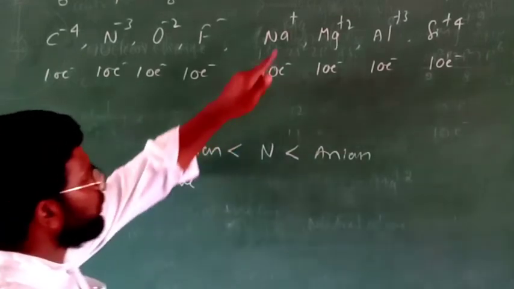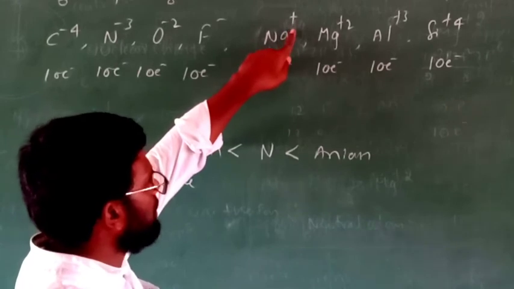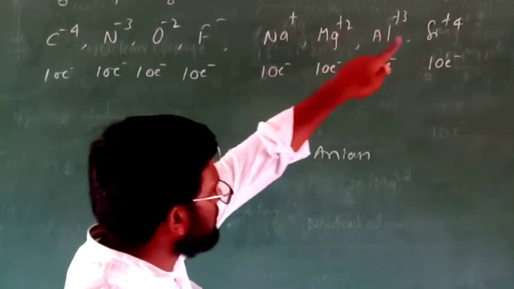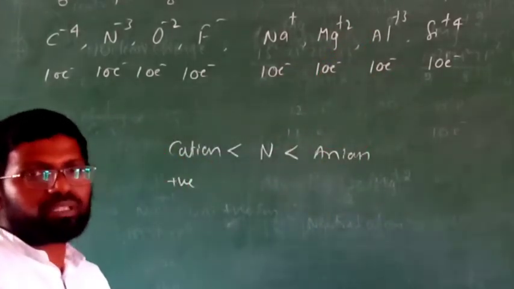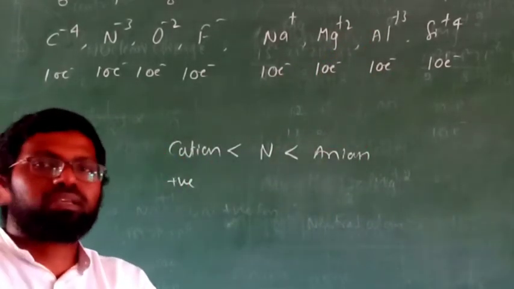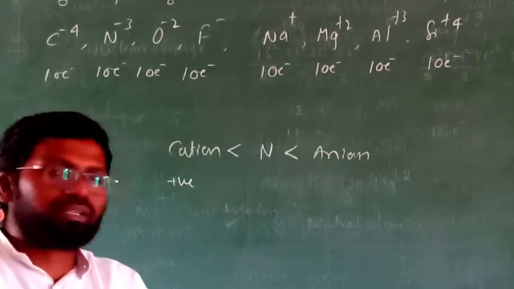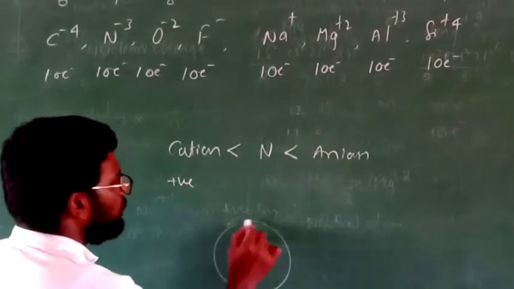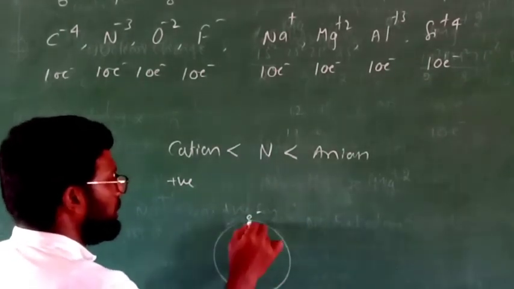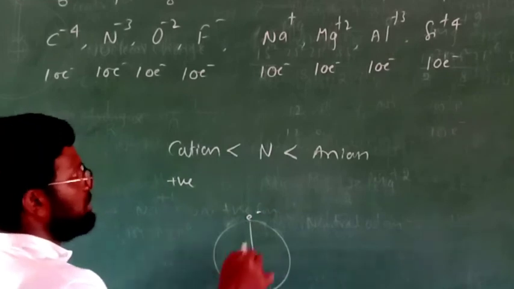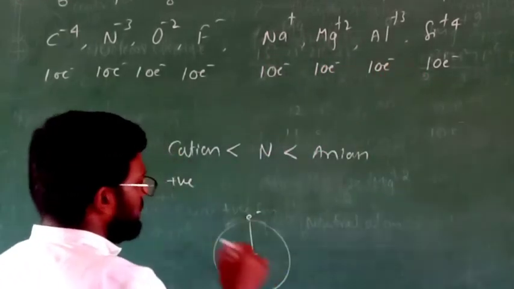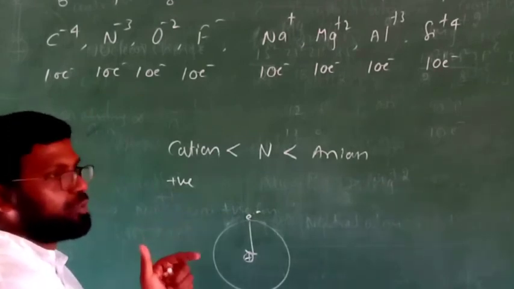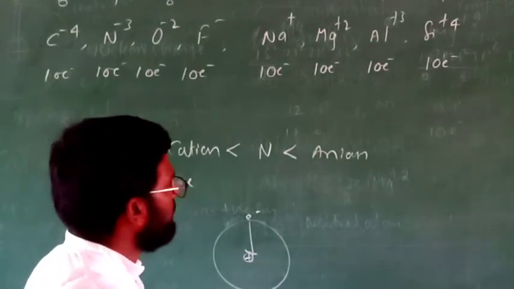So here nuclear charge is plus 1, here plus 2, here plus 3, here plus 4. As the positive charge increases, nuclear charge also increases. As the nuclear charge increases, the size of the atom is reduced because electrons are attracted towards the nucleus. More positive charge means more attraction towards the nucleus, and electrons move slightly towards the nucleus and its size becomes less.